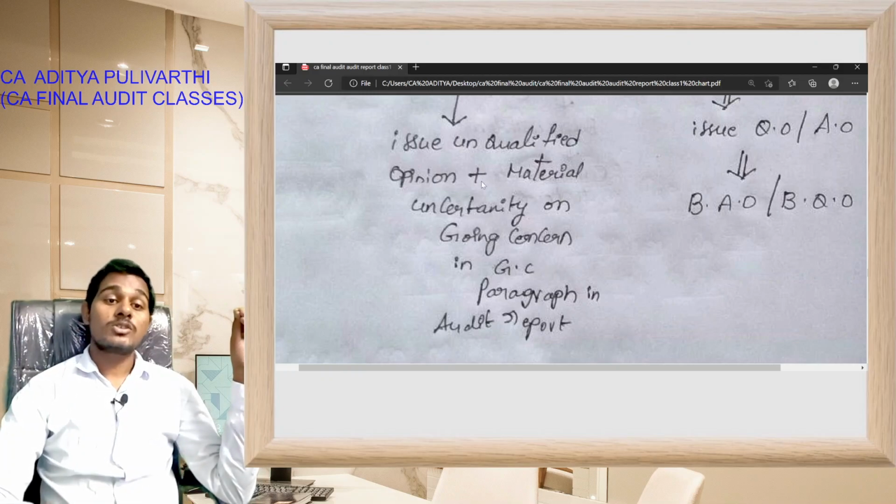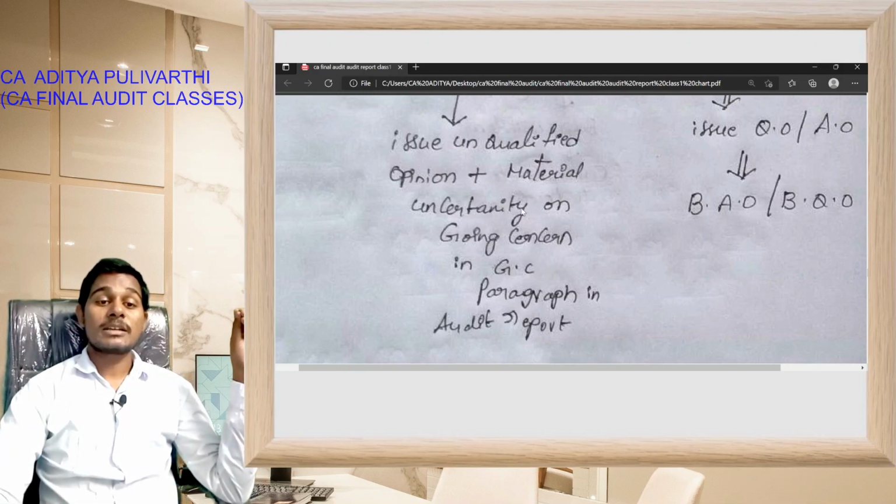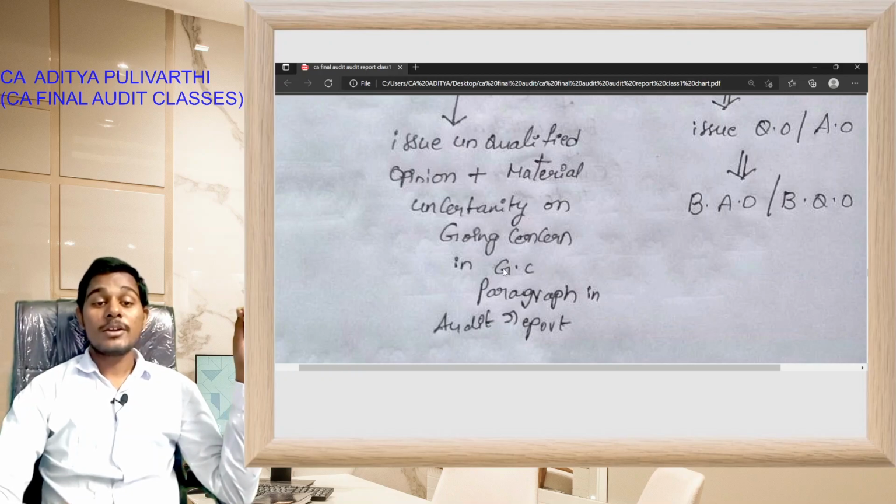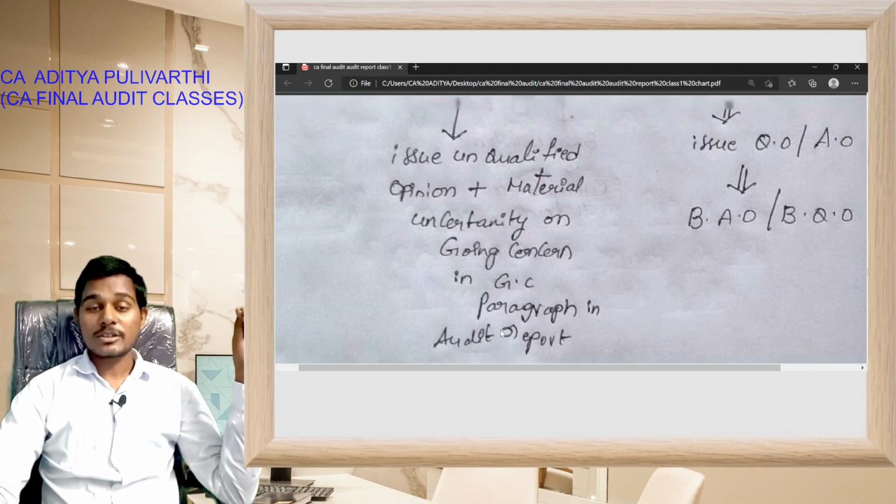Okay students, issue unqualified opinion plus material uncertainty on going concern in the going concern paragraph in the auditor's report.